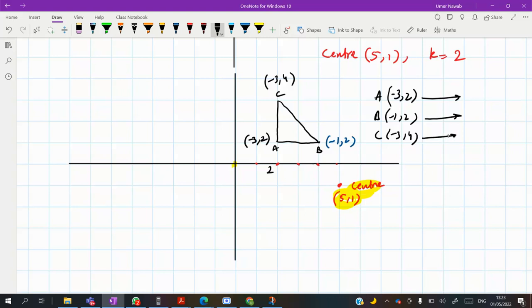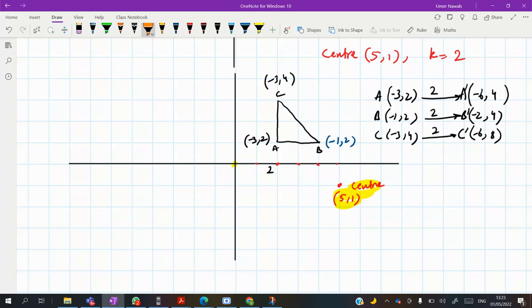Multiply all the coordinates with the scale factor, which is 2. So your new points will be minus 6, 4, minus 2, 4, and then minus 6, 8. Now I need to show these points.